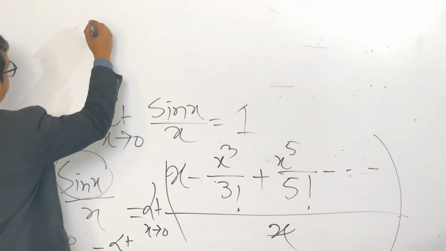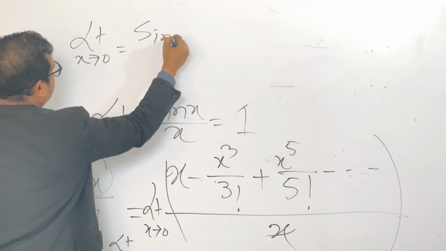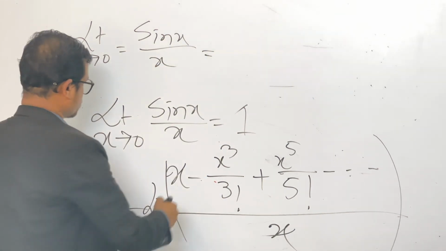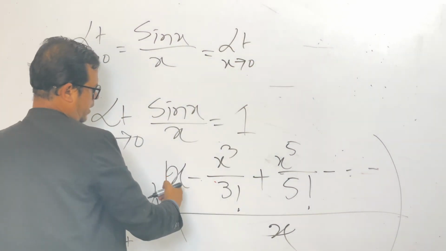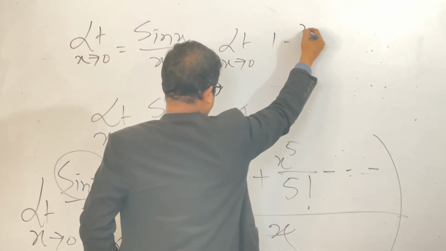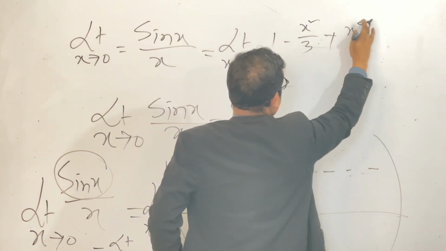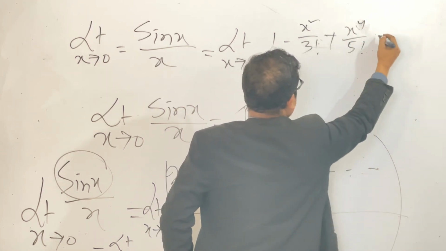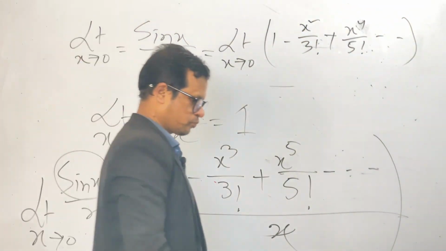Limit x tends to 0 of sin x over x equals limit x tends to 0 of 1 minus x squared over 3 factorial plus x to the power 4 over 5 factorial, and so on.